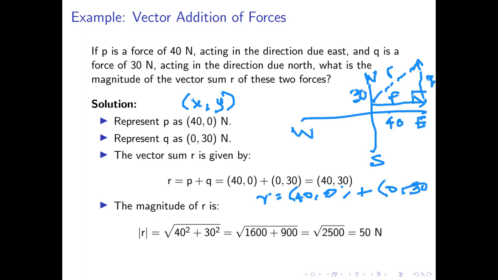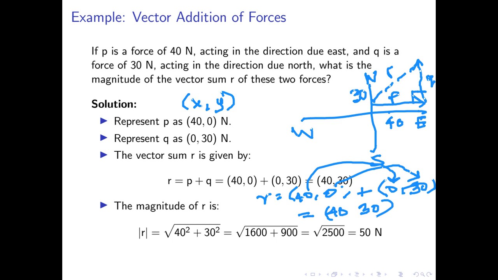You add 40 to 0, that will be 40, and you add 0 to 30, that will be 30. So here what we do is we add this to this, and this to this. That is how we do vector addition. And that gives us (40, 30). That is, R is going to be (40, 30).